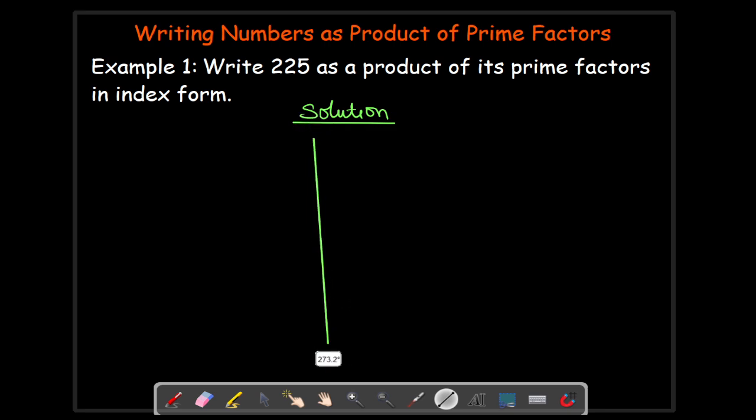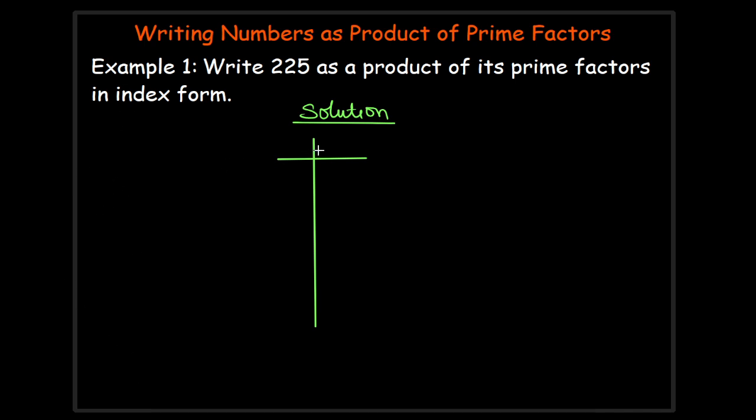We wrote numbers as a product of prime factors, but we are going to put the product of prime factors in index form. That's the only thing we need to add.